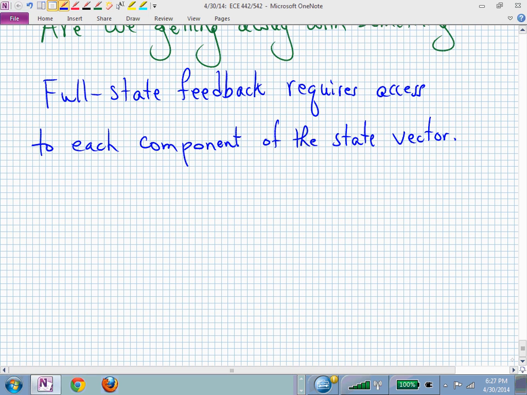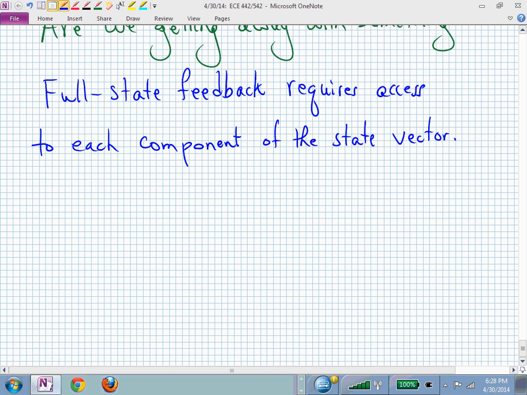But we're requiring now, if you had a fourth order system, let's say this modeled some engine, and maybe one of the variables was the internal temperature of your motor. Now you're assuming you have access to that variable. Maybe you don't have a sensor available to make that measurement. Maybe you can't measure the velocity of some quantity. Maybe you can't measure a current that is in your model, and that's one of your state variables.